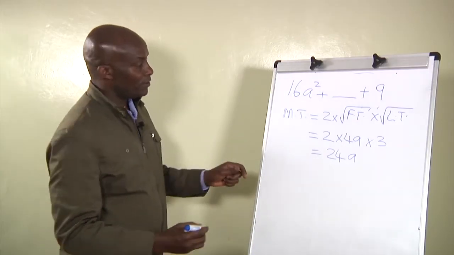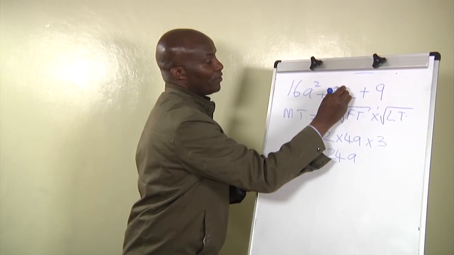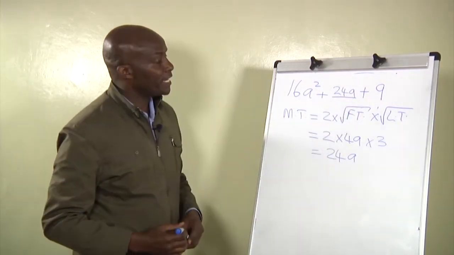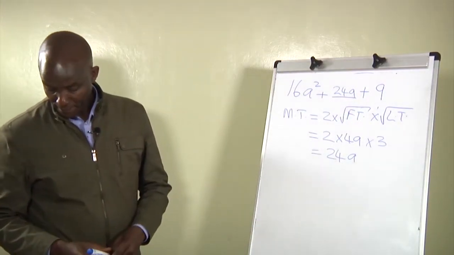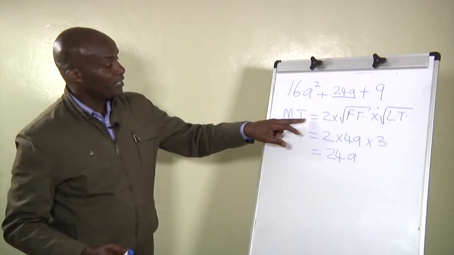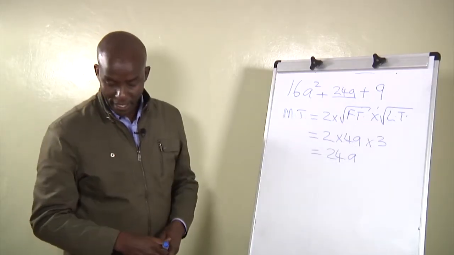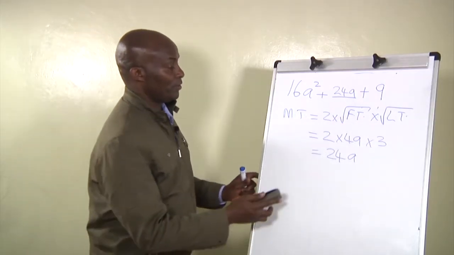And therefore, the number that we should fill here is 24a to make it a perfect square. So remember, middle term is equal to twice the square root of the first term multiplied by the square root of the last term.